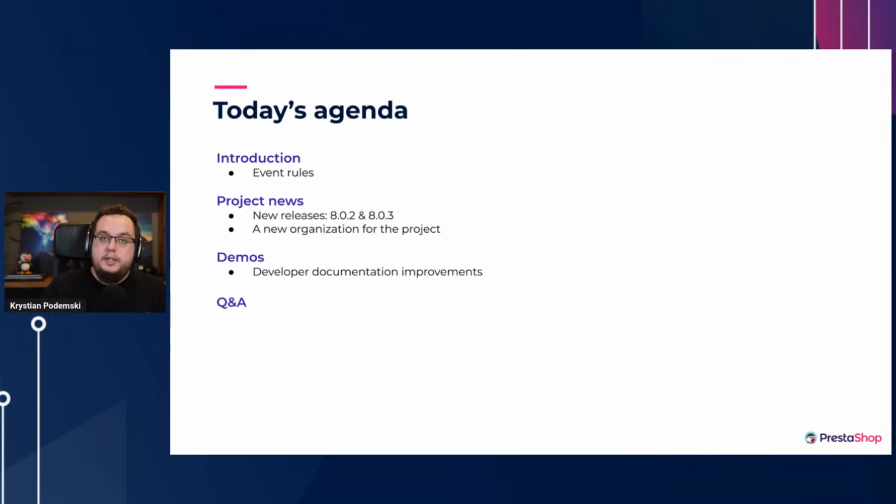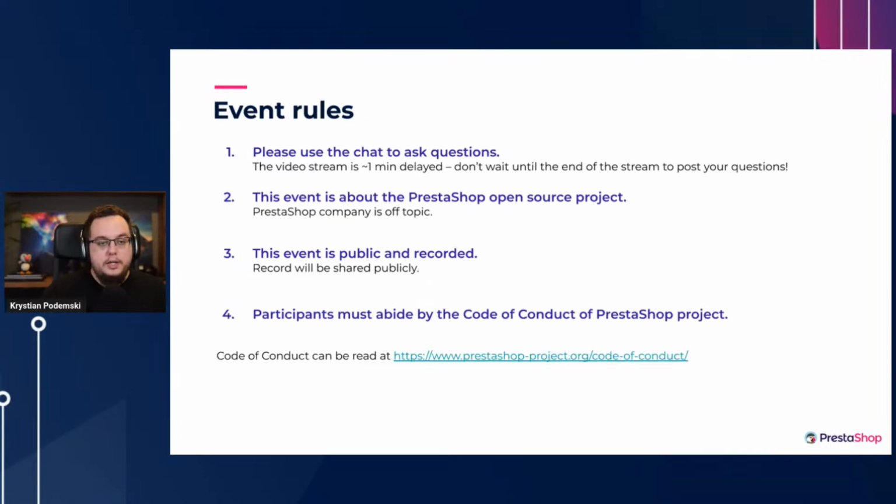And then, if there is time, I will present some of the developer documentation improvements, because we did a lot of good stuff when it comes to the developer documentation. I presented some changes last month, but there are plenty of new improvements which I would like to show you.